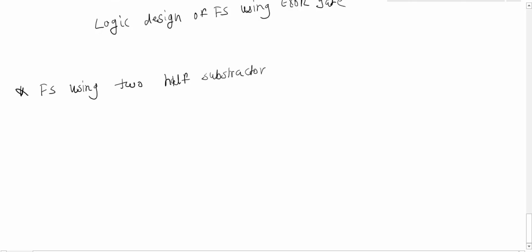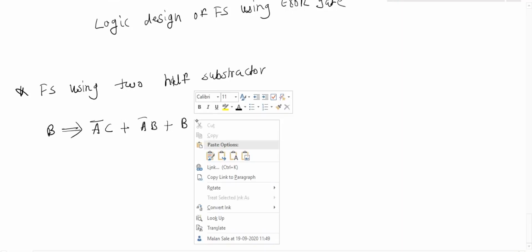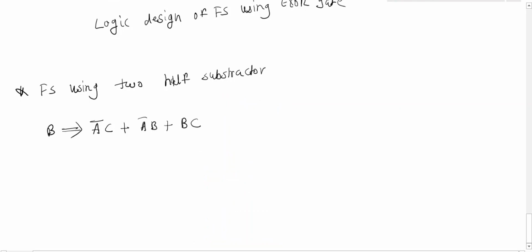And we'll try to minimize the borrow expression. Now the borrow expression I can rewrite like this. My borrow expression is A bar C plus A bar B plus BC.